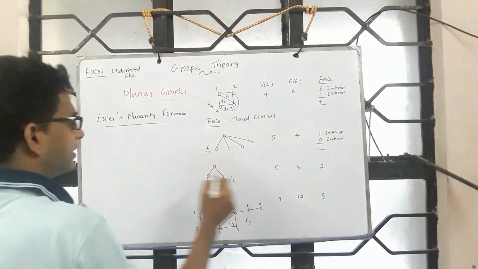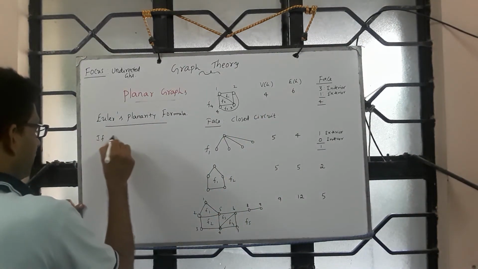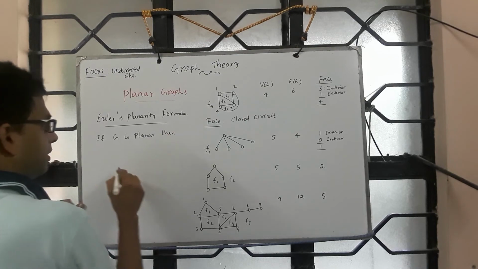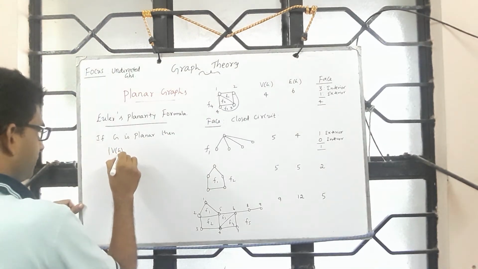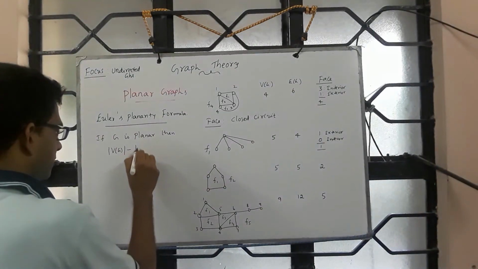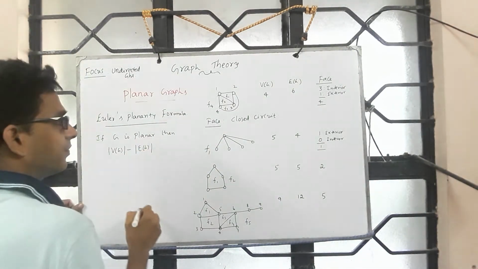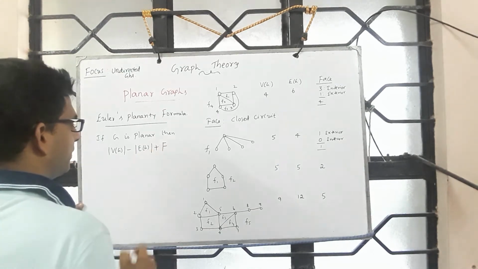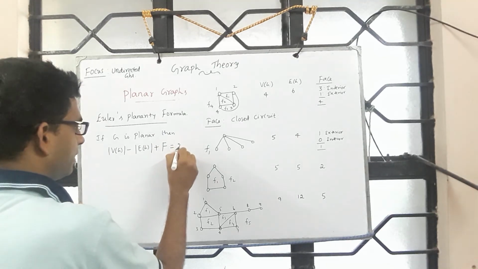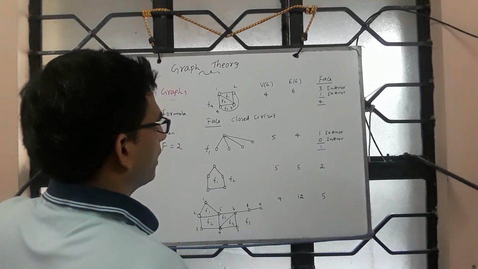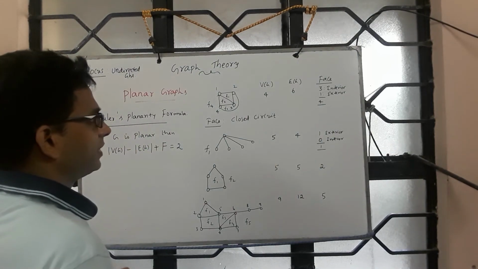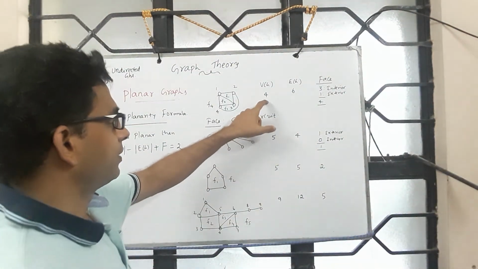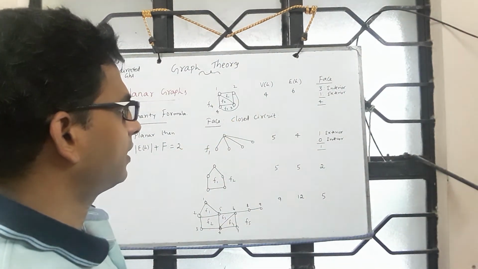So from this example, we can see that if G is planar, then number of vertices minus number of edges plus number of faces, let me call it as F, this number is 2.